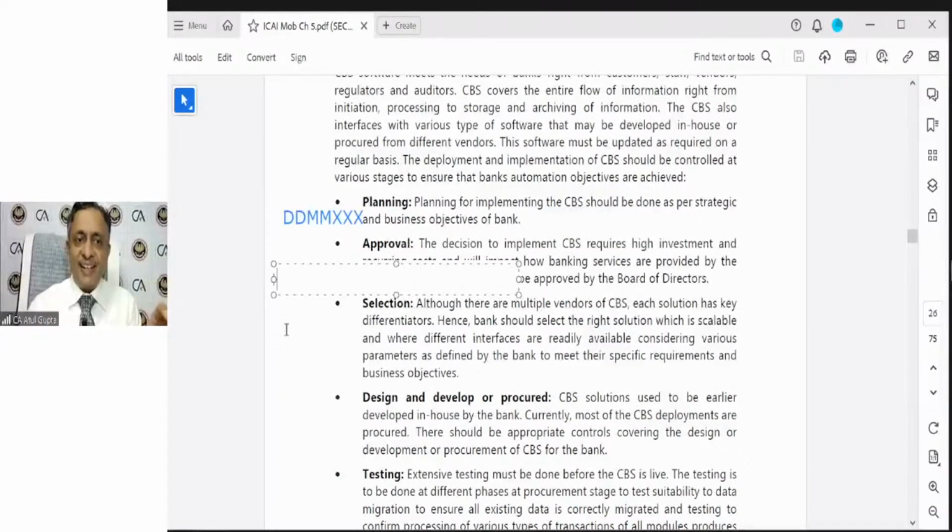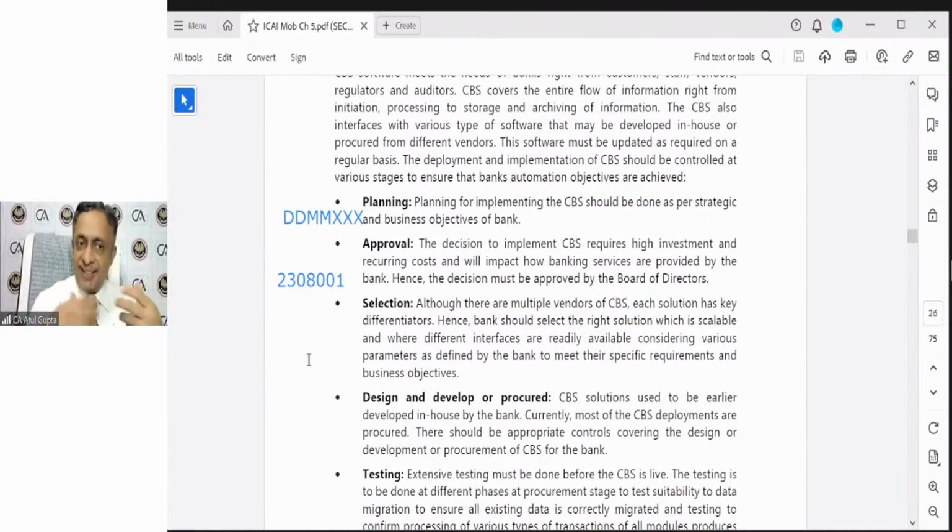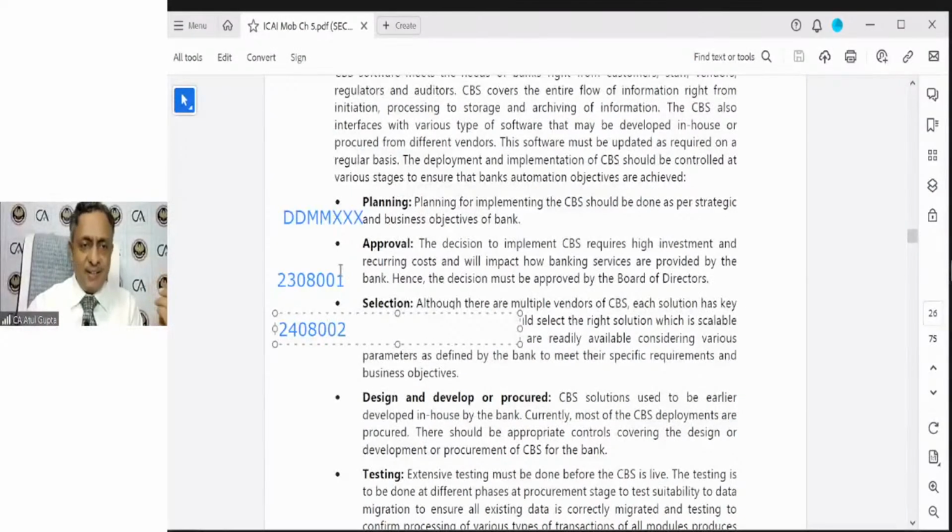DD is the date, so let us say 23. Month is, say, 08. XXX is 001, the voucher number. As the date changes, the next day's voucher number will be, say, different. Do you see a flaw in this? Can you project a problem in this way of voucher numbering?